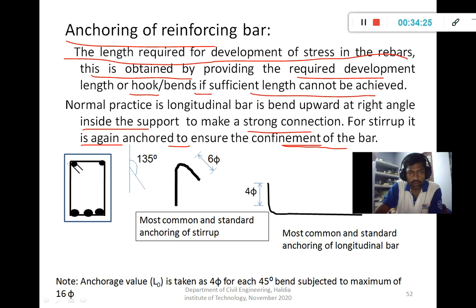It is firmly connected with the longitudinal bar, so the confinement is increased if I use the anchor.